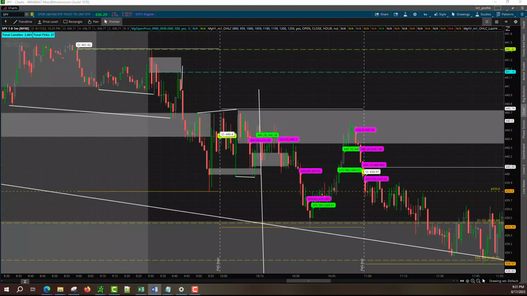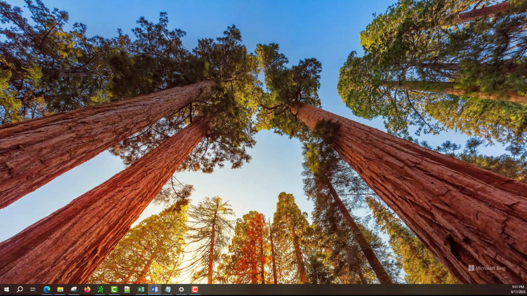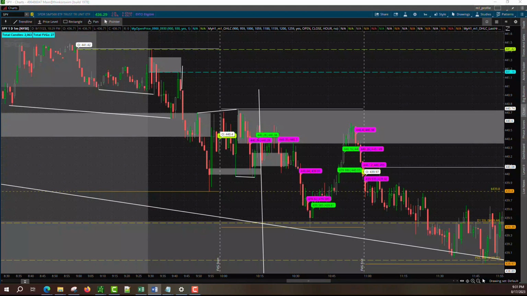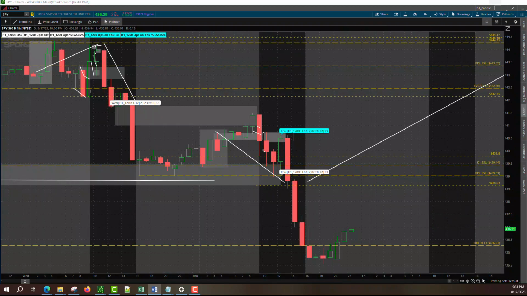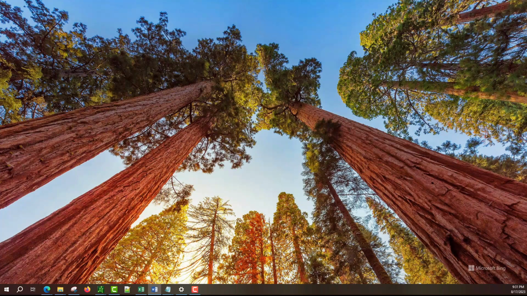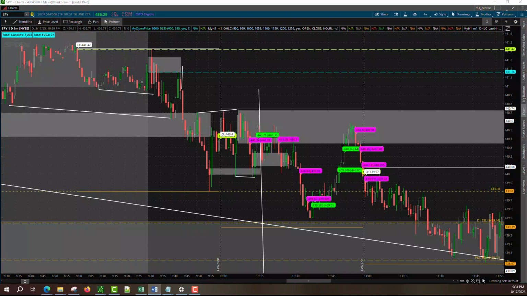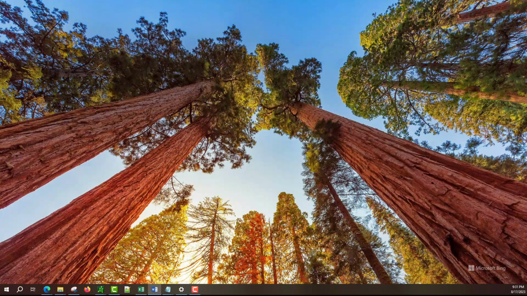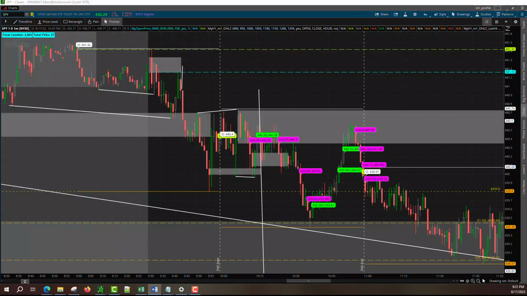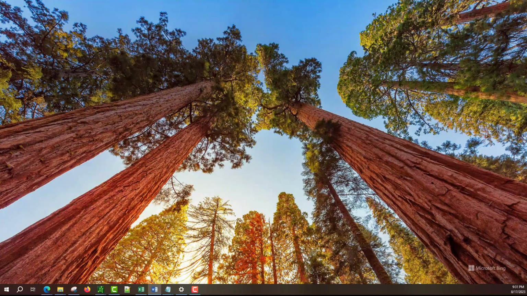Well, I think we have a couple more trades right here, but I think we ran out of time. But one more thing I want to show real quick before we wrap up here. I want to show the 4-hour time frame.